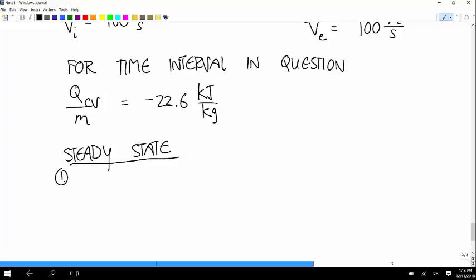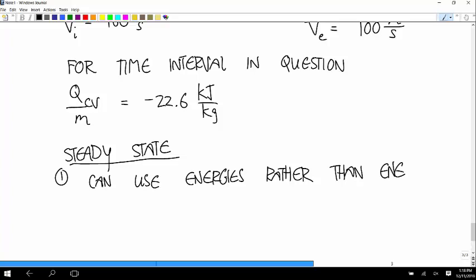We can kind of gloss over the fact that these are finite amounts of energy instead of rates of change. So we can use energies rather than energy rates.